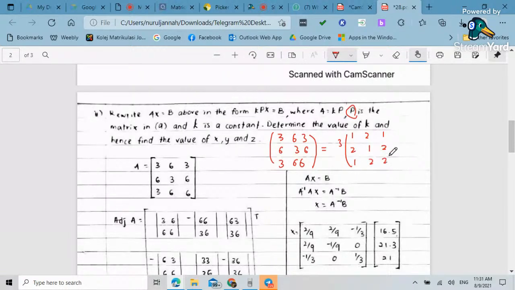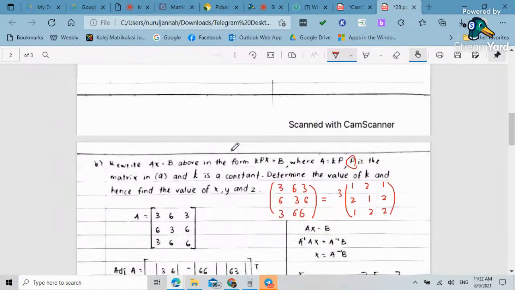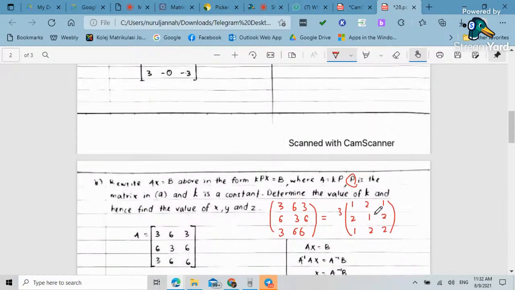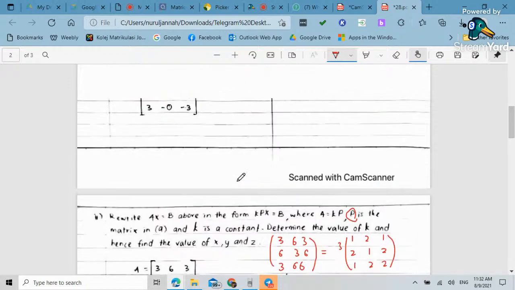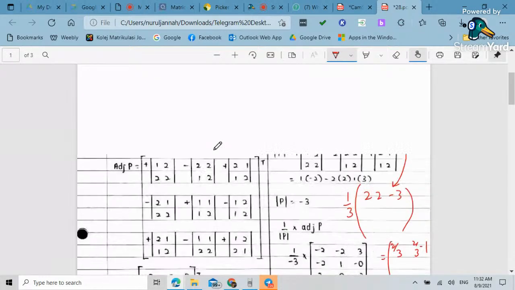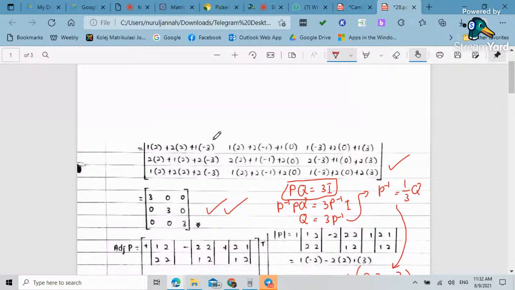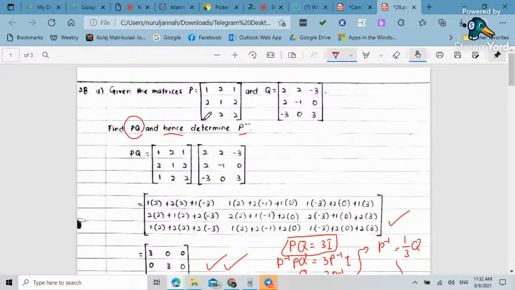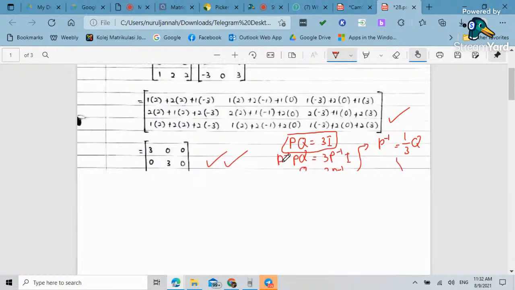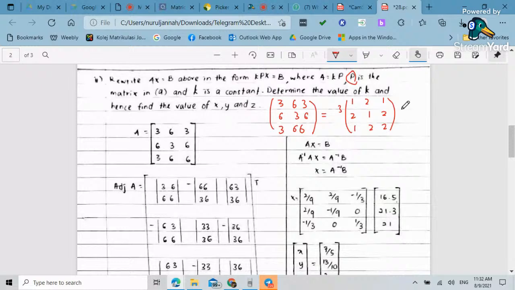If you compare with the information given, that is actually your matrix P. So this is 3P.